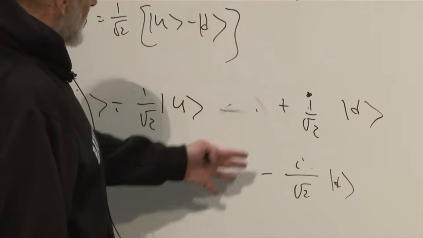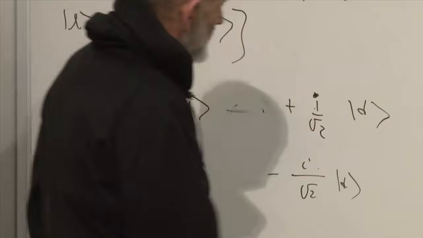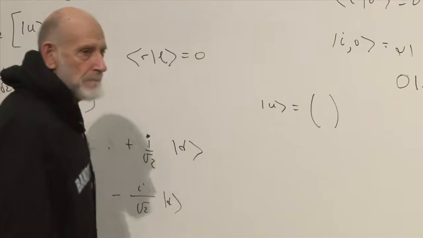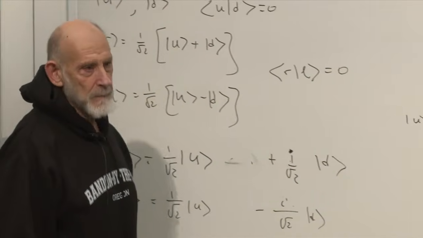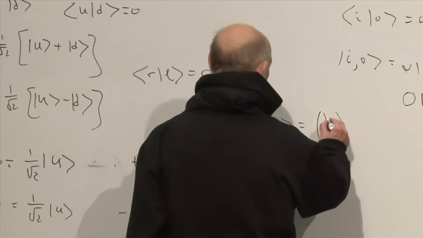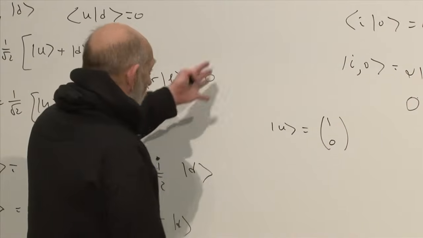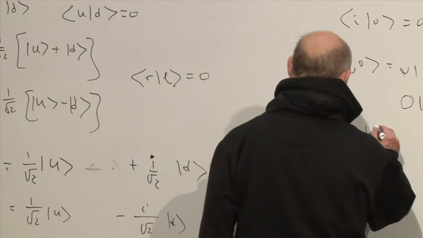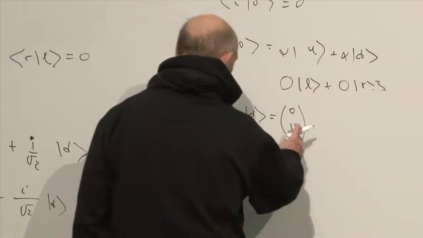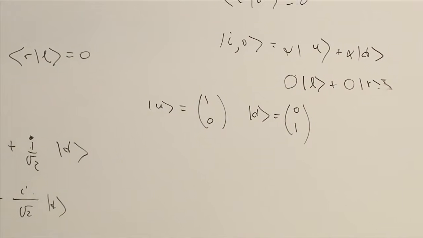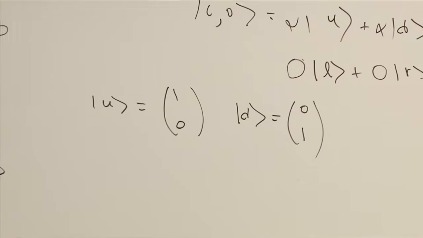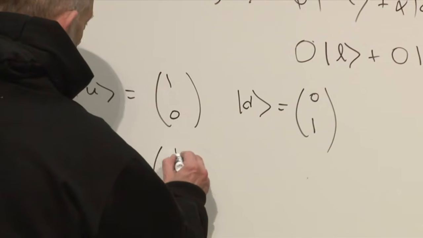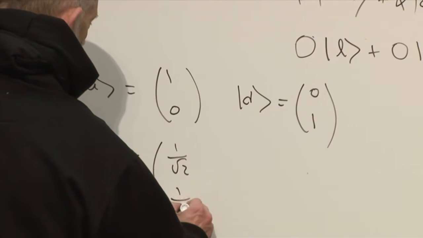We can write these in terms of column vectors. Let's write the various column vectors. Up. What would you write for up? Well, we could write 1, 0. Now, up is just up with no down component. Down is just 0, 1. A 1 in the down place and a 0 in the up place. What about right? That's equal to 1/square root of 2, 1/square root of 2.